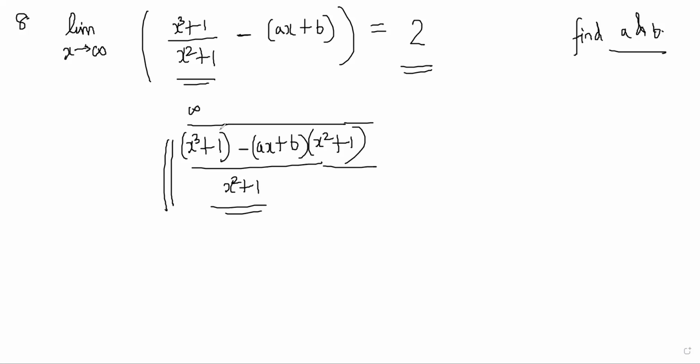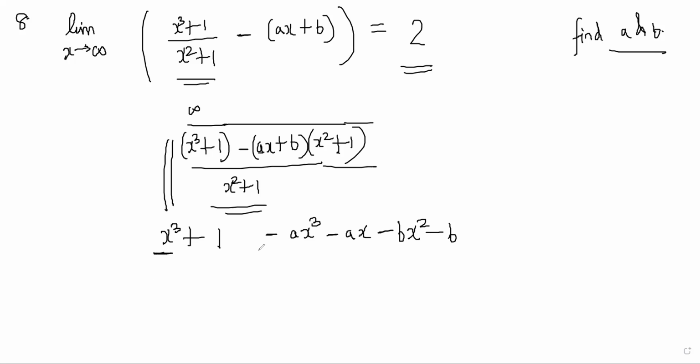So just simplify this and we'll get ax cube minus ax plus bx square plus b, minus bx square minus b, and this side is x cube plus 1, right?